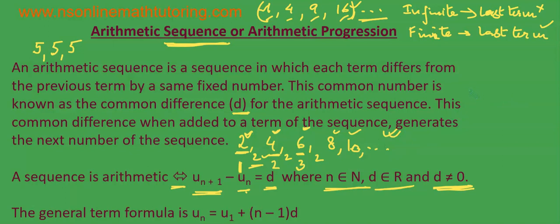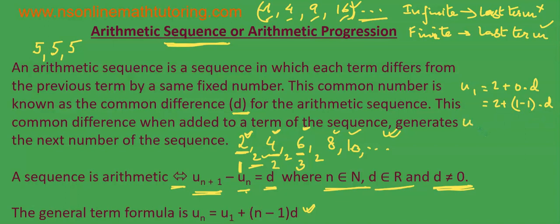So u1, the first term, is equal to 2. I can write 2 in the form of 2 plus 0 times d because I have to bring it in this format. So I am writing u1 equal to 2 plus 0 times d. Or this can be written as 2 plus (1 minus 1) times d. 1 minus 1 is equal to 0.